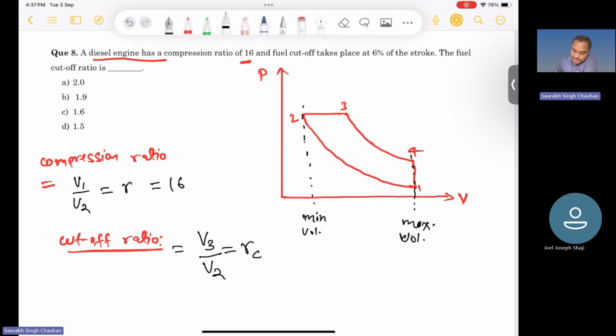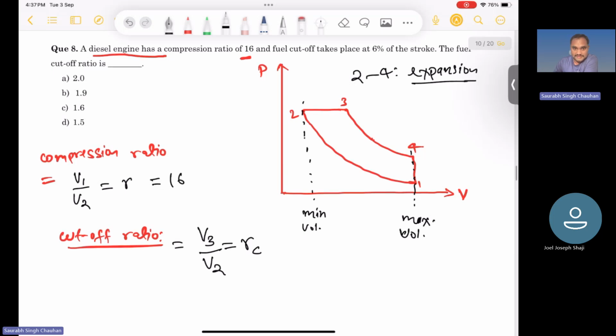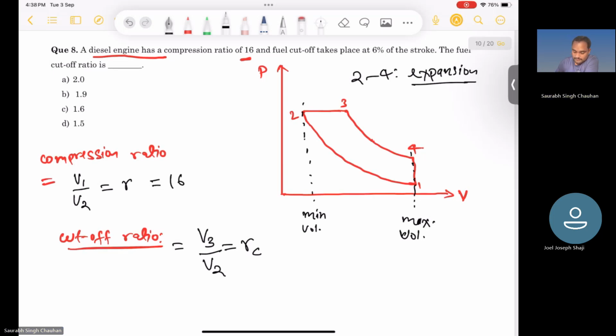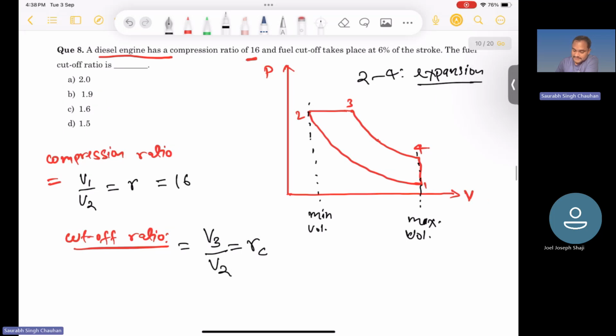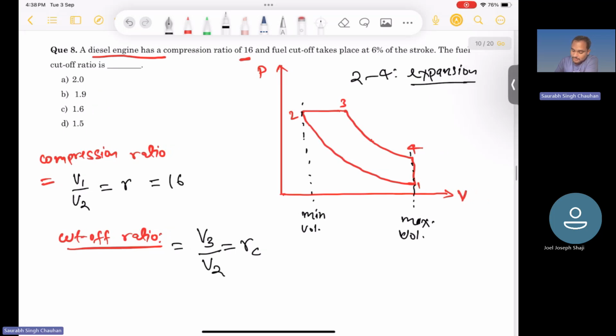This is the full stroke from point 2 to 4, this whole expansion. 2 to 3 was heat addition, and 3 to 4 was isentropic expansion, but 2 to 4 is the whole expansion stroke. So what it is saying is that cutoff takes place at 6% of the stroke.